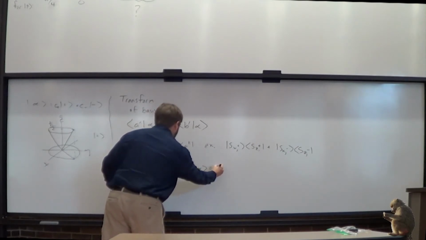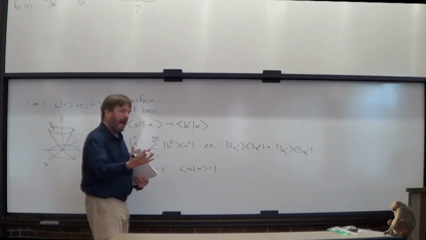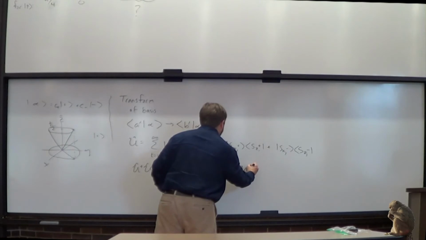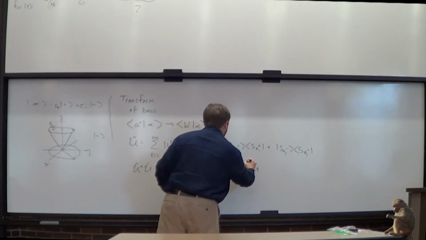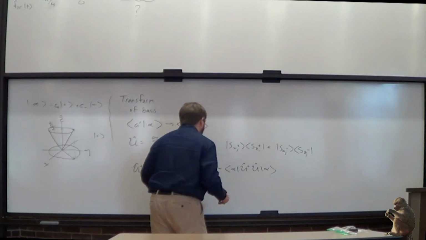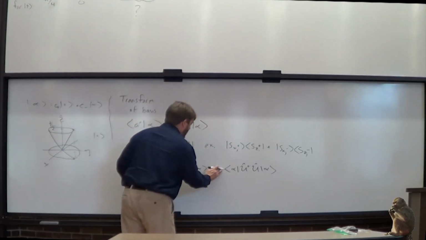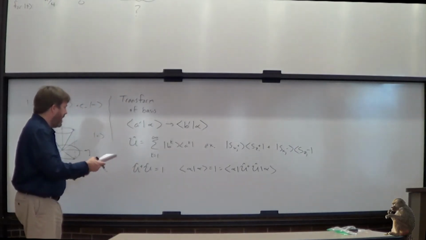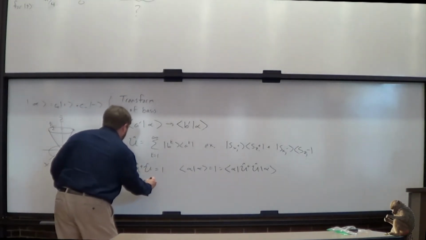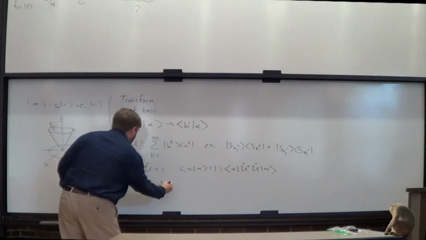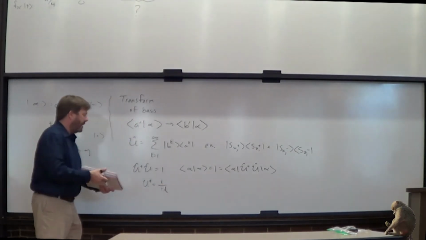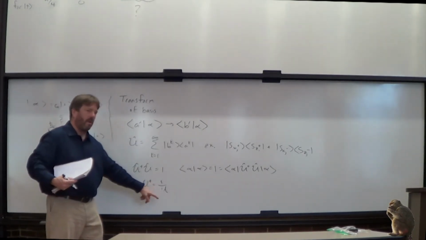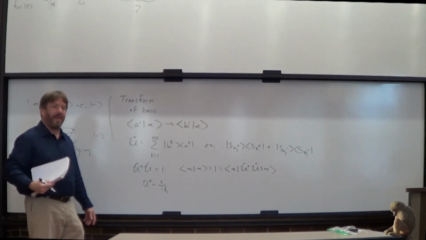Norm preserving means it's normalized, with alpha being 1. That has to be true if you re-represent it. If you re-represent in a different basis set, it had better still be a normalized state, which is very sensible. Not much to say about that. Then this gives us a way to figure out what the adjoint is, which is 1 over the operator. And when I see things like this, it scares me, because this is like maybe 1 over a derivative, and I'm not quite sure how to deal with that.